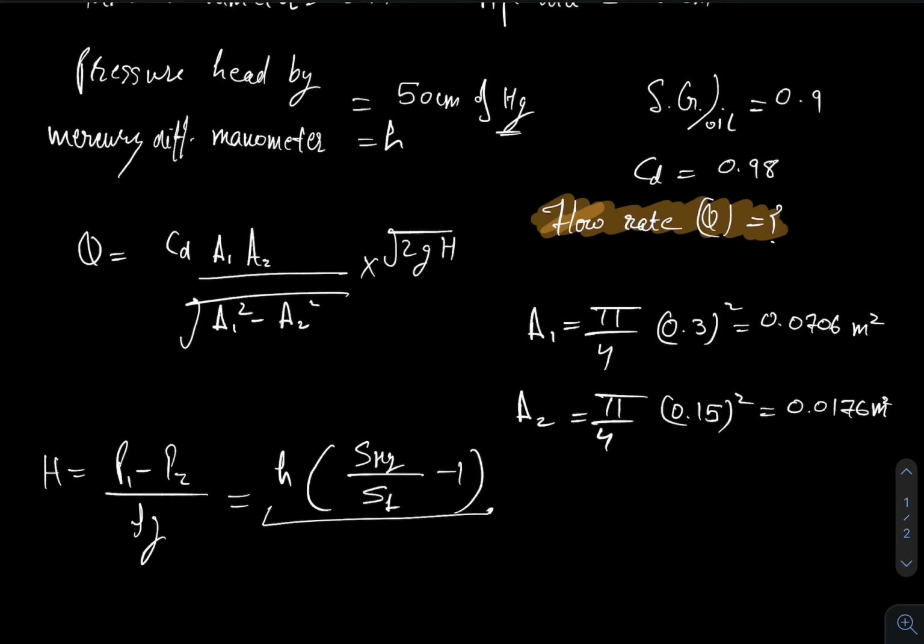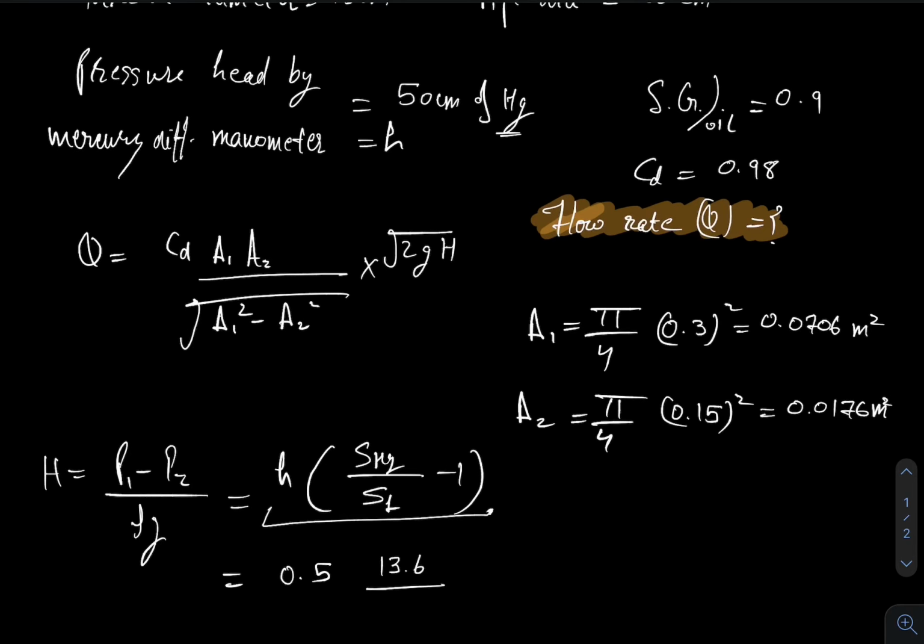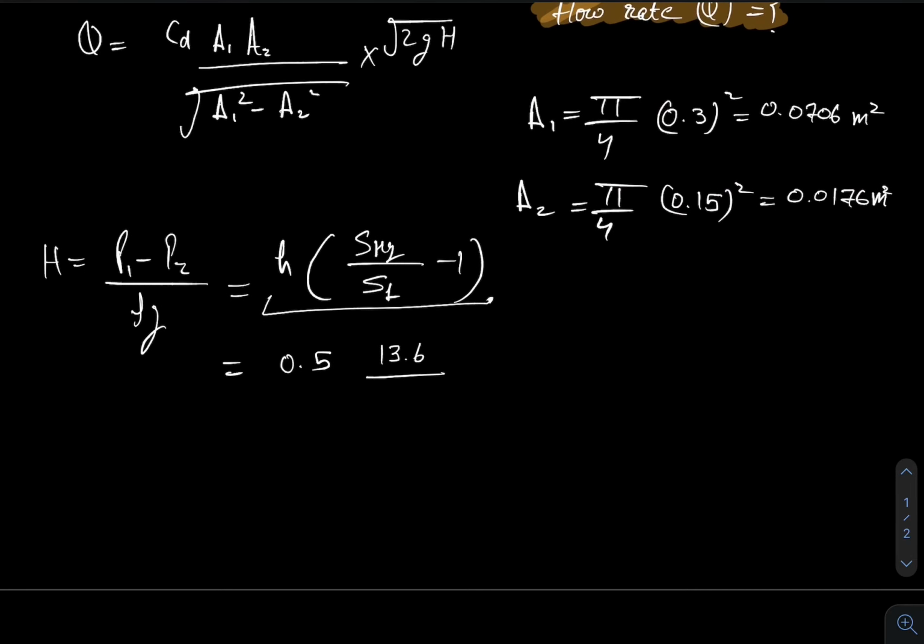We have already discussed this in manometer, in differential manometer. Okay, please go through that again if you're not clear how I am writing this equation. Okay, so we will calculate capital H here. What is H? Small h is 0.5 and specific gravity of mercury is 13.6 and specific gravity of fluid is given to us as 0.9, right? 13.6 divided by 0.9 minus 1. Okay, and it came out to be 7.055. Fine.